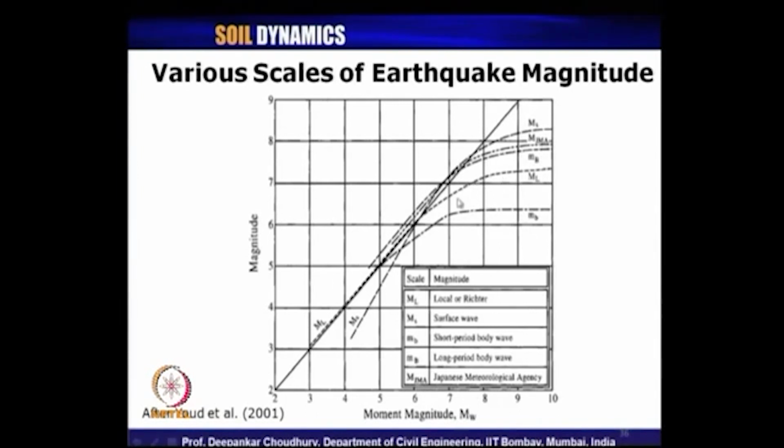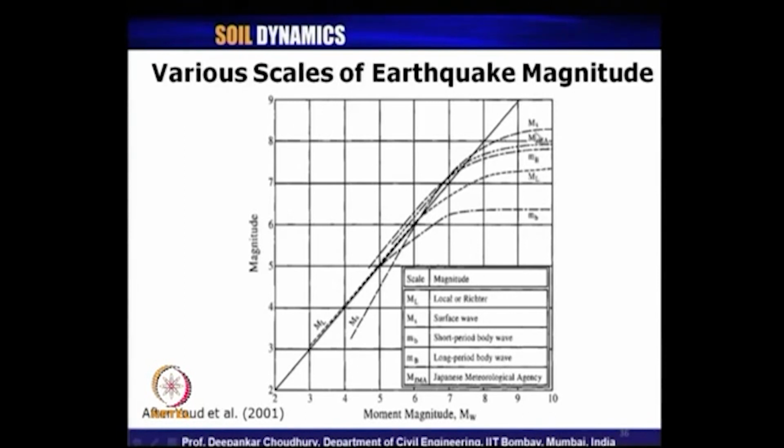Fine. So, that way, if it is given as MS, that is the surface wave magnitude scale; M small b is called the short period body wave scale; M capital B is called the long period body wave scale; MJMA is called the Japanese Meteorological Agency scale.